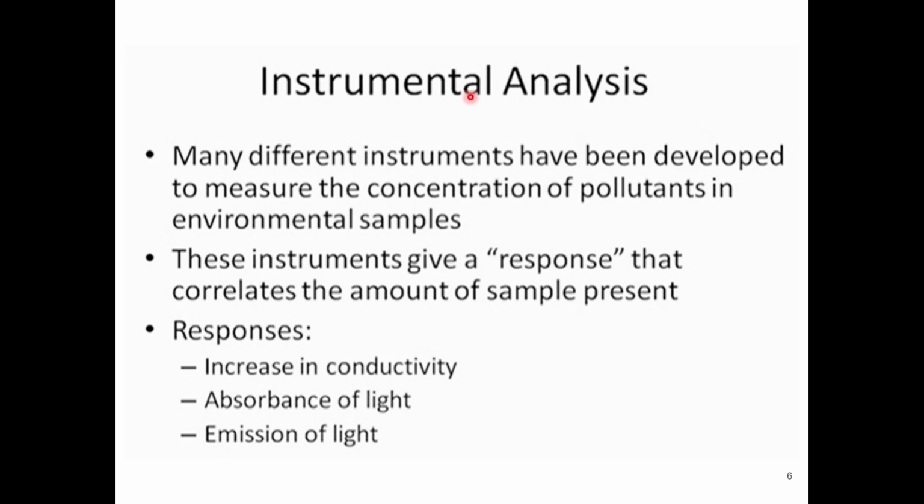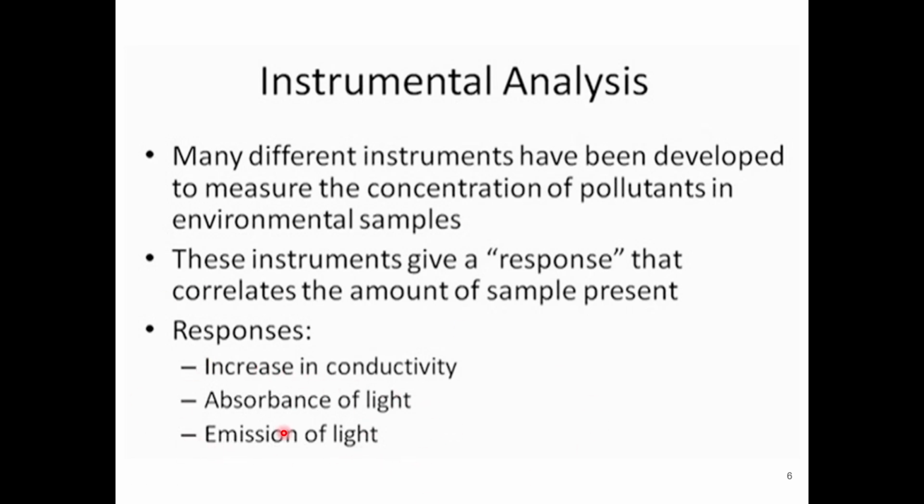In case of instrumental analysis, many different instruments have been developed to measure the concentration of pollutants in environmental samples, and these instruments give a response that correlates with the amount of sample present. So basically, they will give some value. This value, the response, can be in terms of conductivity, that is increase or decrease in conductivity, second is the absorbance of light, and third is the emission of light.